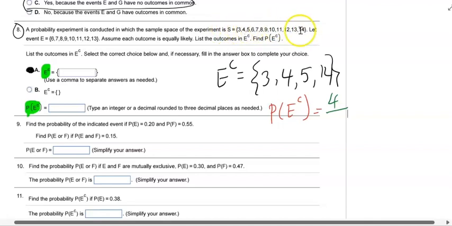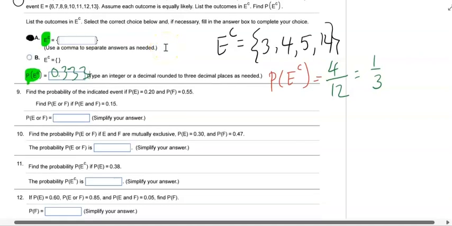If you count, there's 12. 4 over 12, which is 1/3. But in the homework, you type integer or decimal, rounded to 3 decimal places as needed. If you divide 1 by 3, you get 0.333. That's the answer.